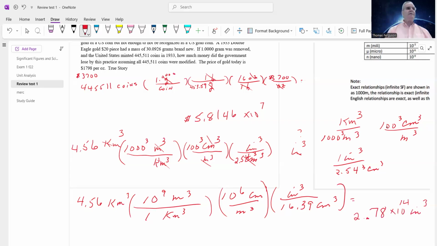And if it was squared, you just square it instead of cube everything. Okay, so that's a good review for tomorrow.